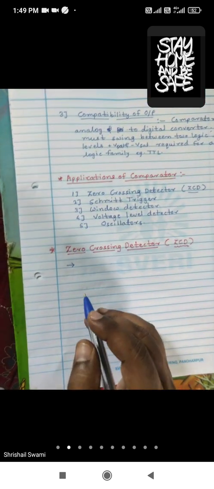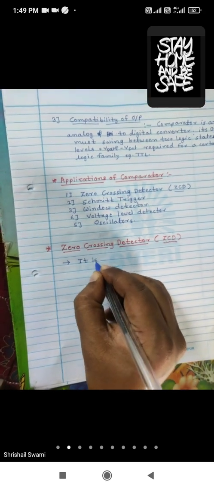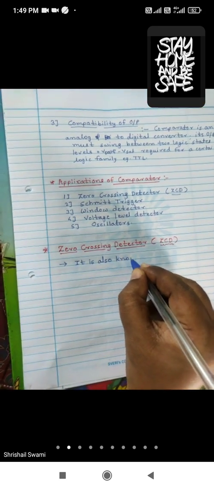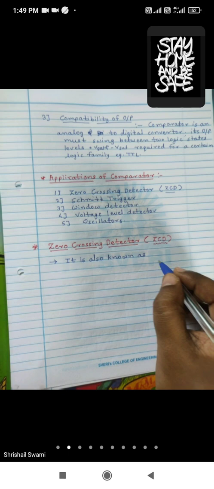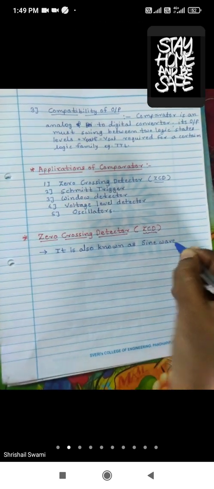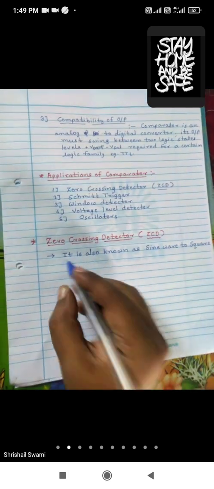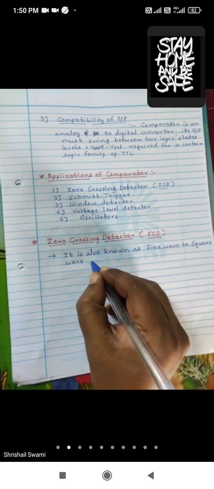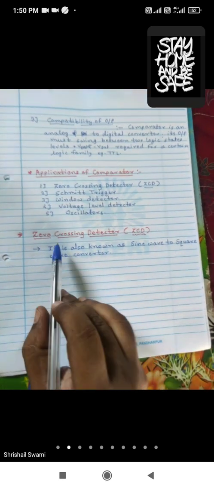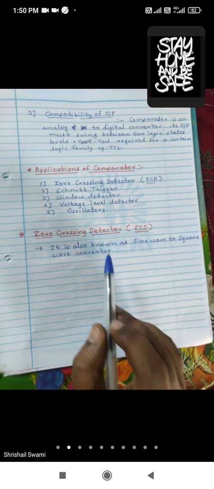Now first of all, this circuit is also known as sine wave to square wave converter. So zero crossing detector is also known as sine wave to square wave converter.